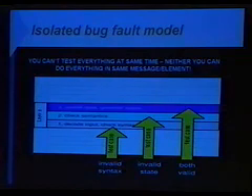Now, the isolated bug fault model. It is my belief that you can't test everything at the same time, nor can you do everything in the same message element. What I mean by this is that most of the bugs, I don't say all, since that wouldn't be true, but most of the bugs in the software can be triggered with only one exceptional element in the message.